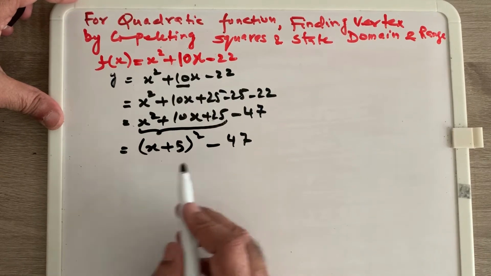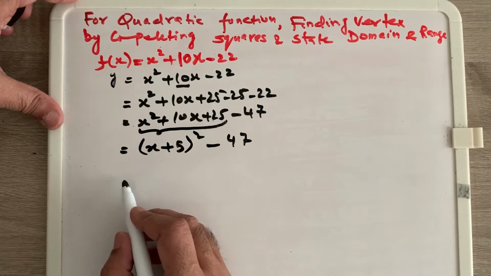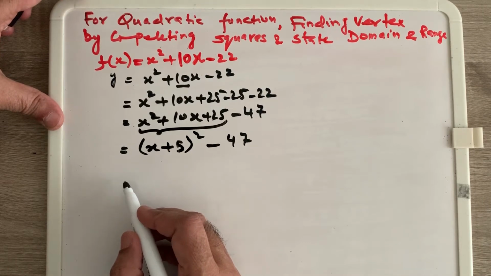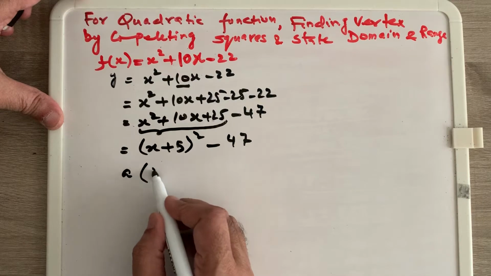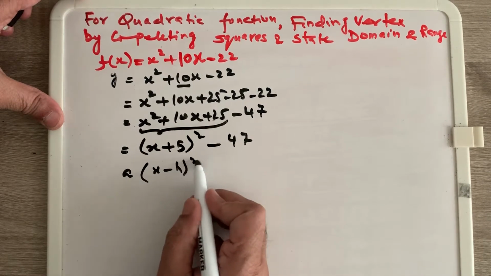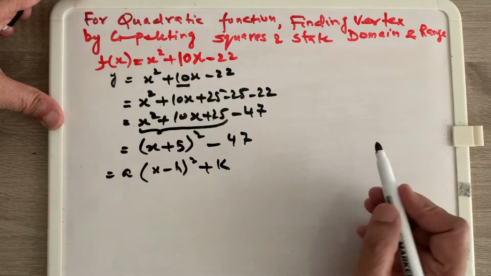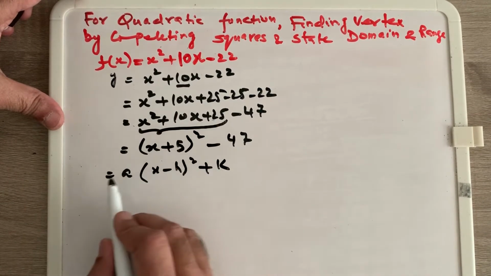So we complete the square here, and now we have to compare it with the standard form of a parabola. What is the standard form? So the standard form is a times (x minus h) whole square plus k, right? This is the standard form. So we can compare it with this.